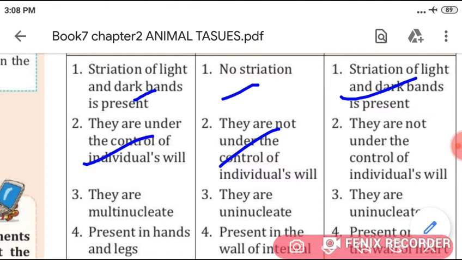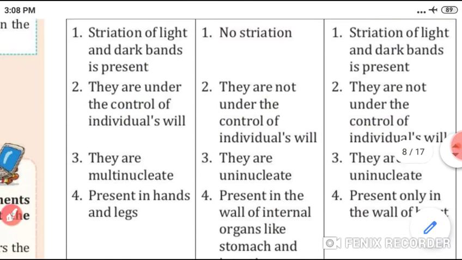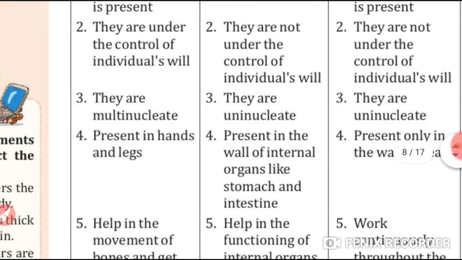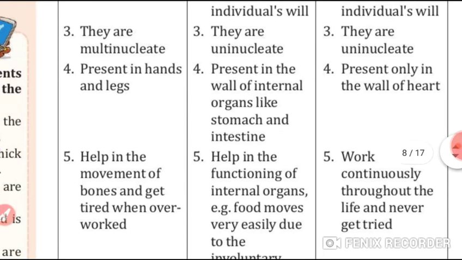Likewise, cardiac muscles are not under the control of the individual's will. Next, they are multinucleate: voluntary muscles, while involuntary muscles are uninucleate, and cardiac muscles are also uninucleate.